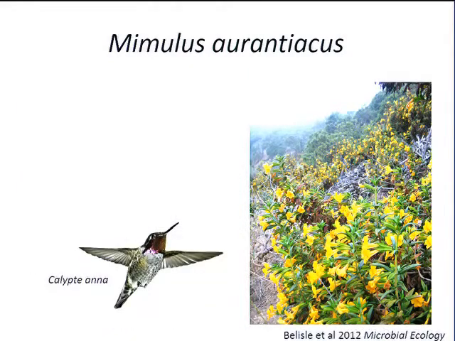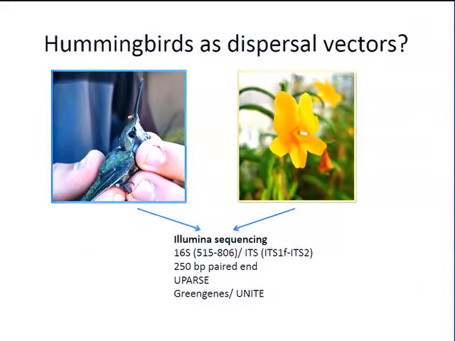All right, so one likely vector for these yeasts and bacteria is the main pollinator for Mimulus aurantiacus, and that's Calypte anna, Anna's hummingbird. And so just to show you that they may potentially be dispersal vectors, I'll show you a few quick results where we examined the composition of bacteria that we found on the bills of hummingbirds, and then also paired samples from nectar that was flowering at the time we caught these same hummingbirds.